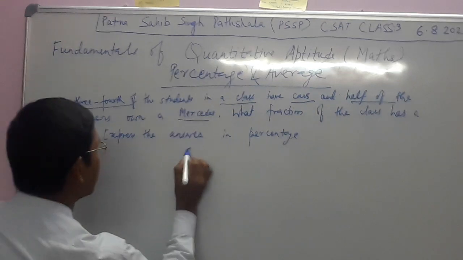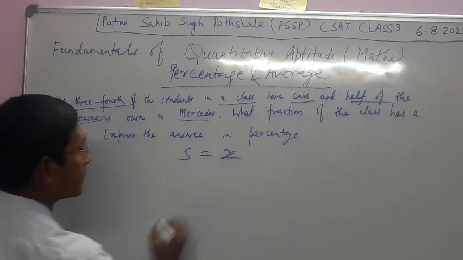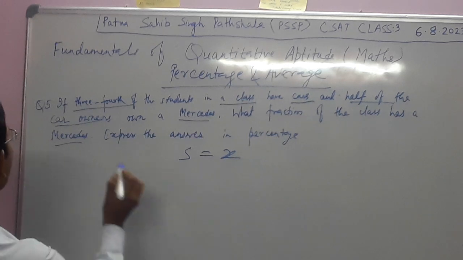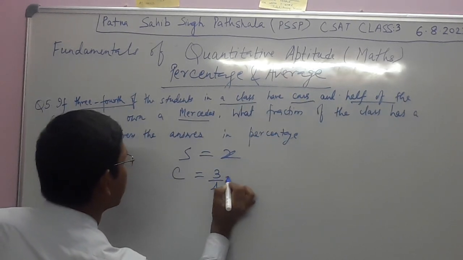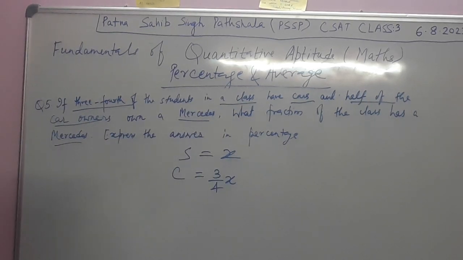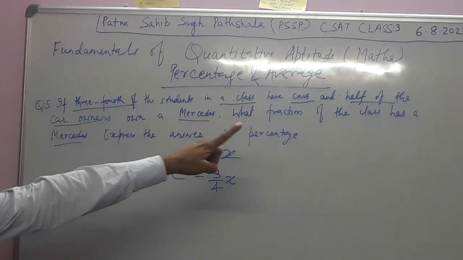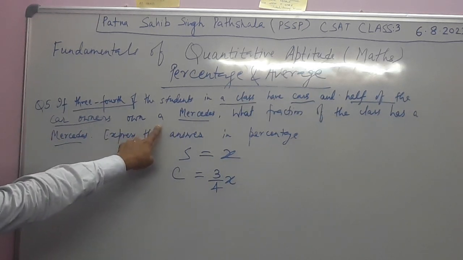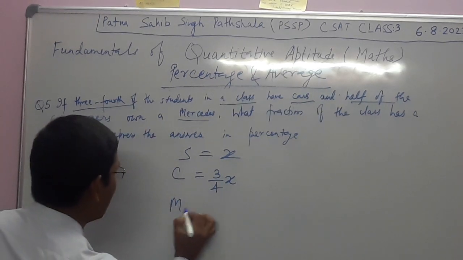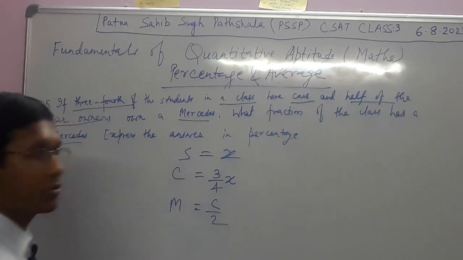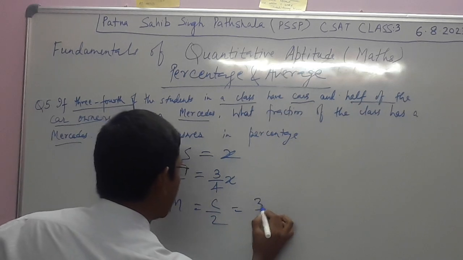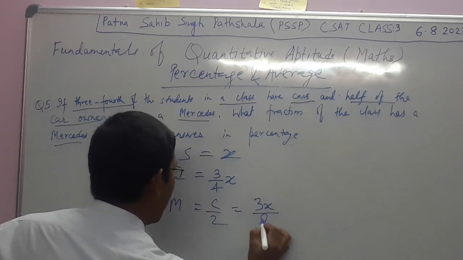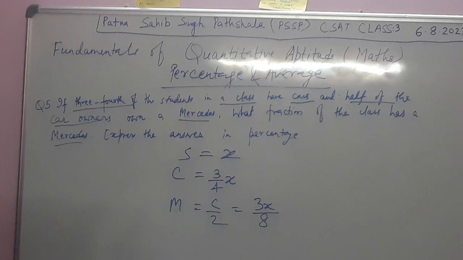So total students X. Then car owners will be 3/4 of X, and half of the car owners own a Mercedes. So Mercedes will be half of the total cars. It means it will be 3x divided by 8.